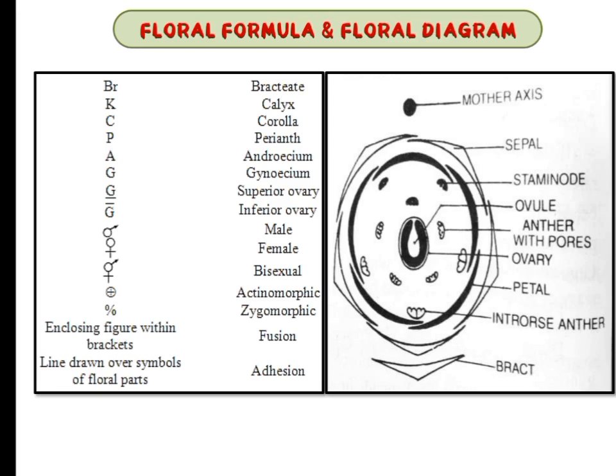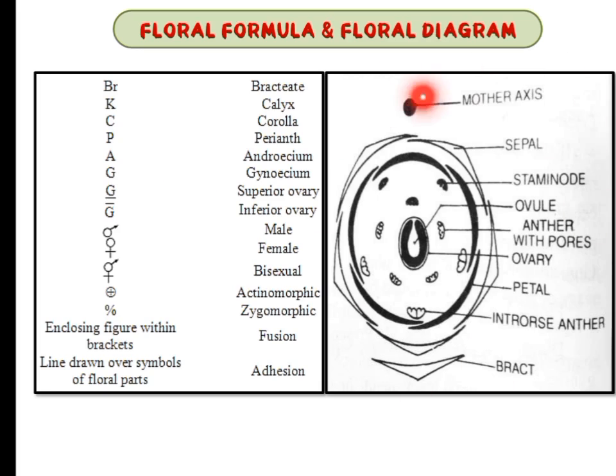So we will use a line drawn between those two floral parts. That indicates that those two floral parts are attached or adhere to each other. So these are the various types of symbols which we use to frame a floral formula.